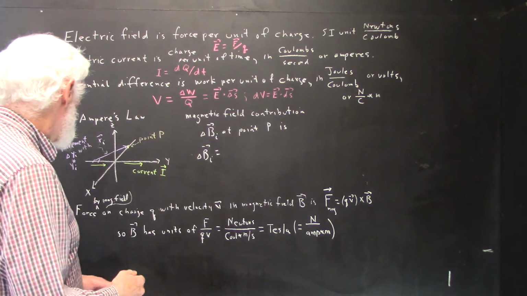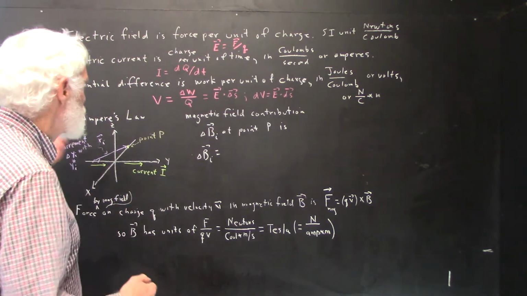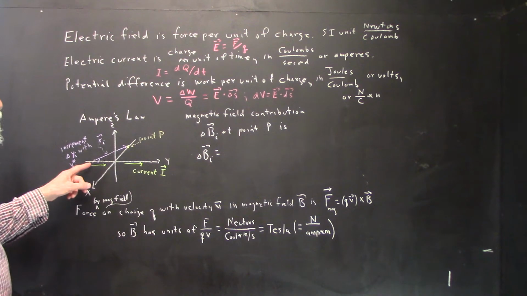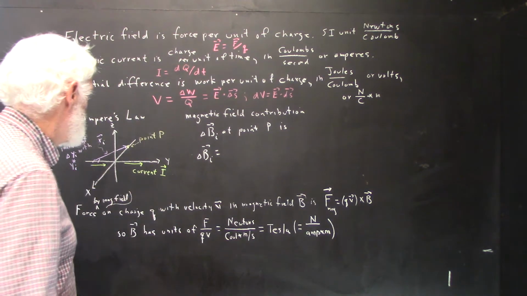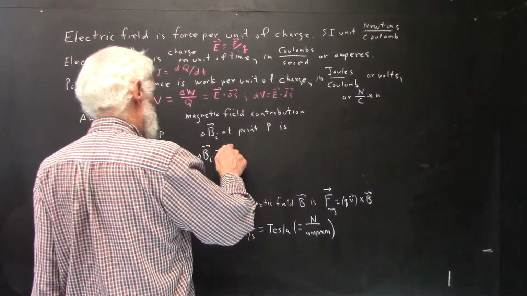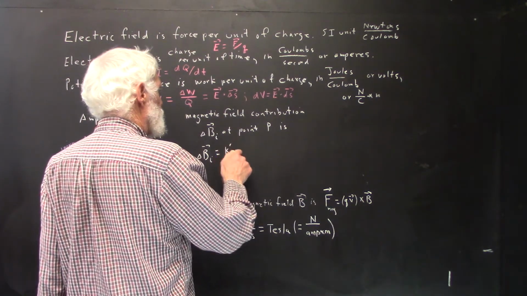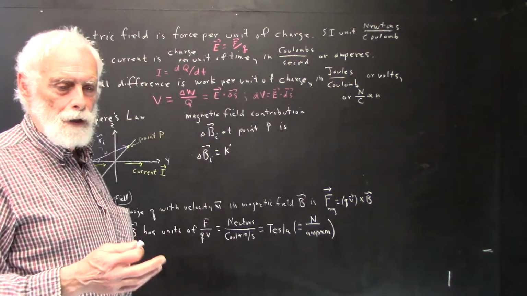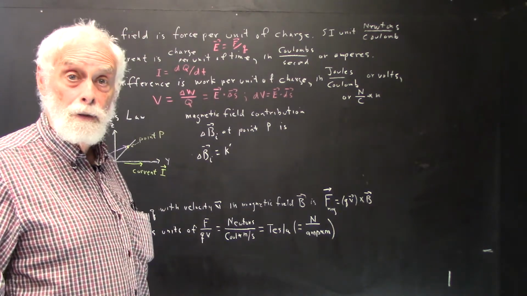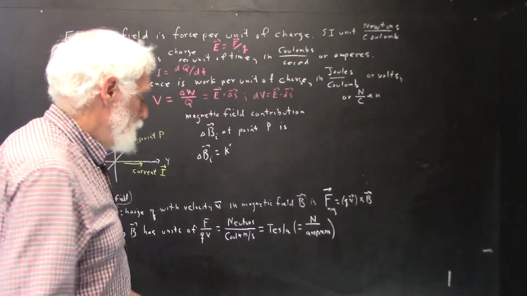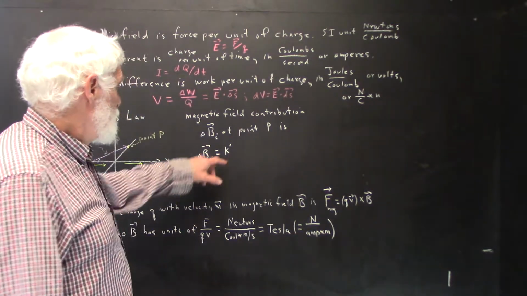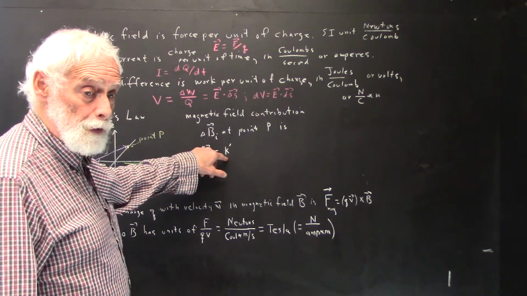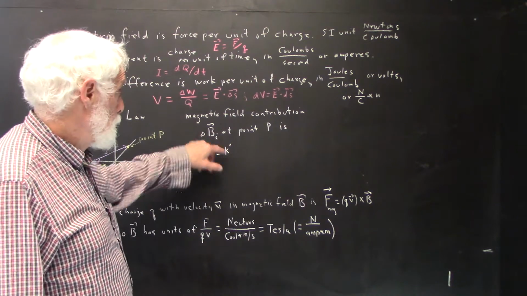So it's a cross product of the current times the length of the increment. And there's another constant in here, a constant K prime. In SI units, it has numerical value 10 to the negative 7th. Very easy to remember. Now you can do this in terms of mu and mu naught, magnetic permittivities and so on. You get a little more complicated expression here, but directly related to K prime.